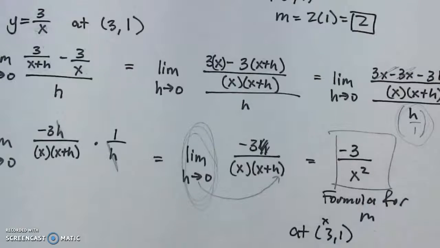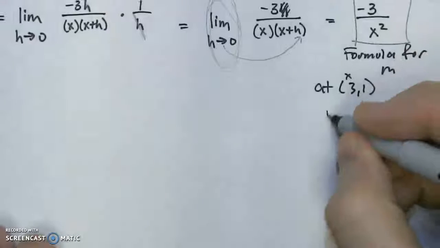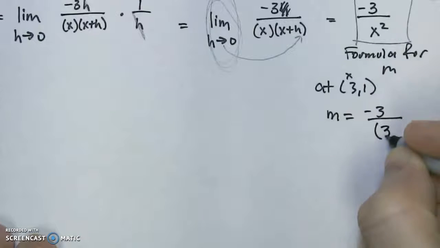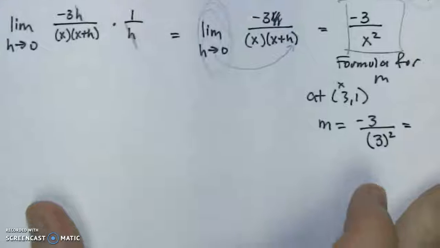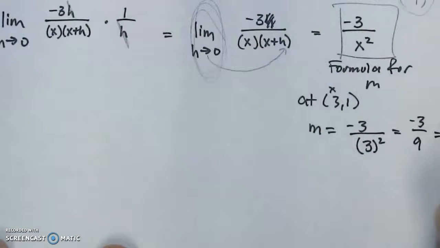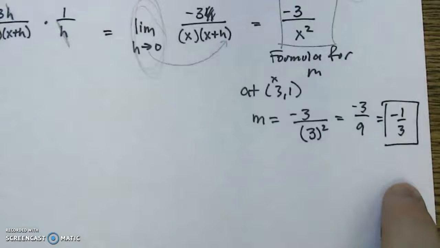So that means I'm going to plug in x equals 3. So if I plug in 3, I'm going to get -3 over 9, which is -1/3. So this is the slope of the tangent line, -1/3 at the point (3, 1).